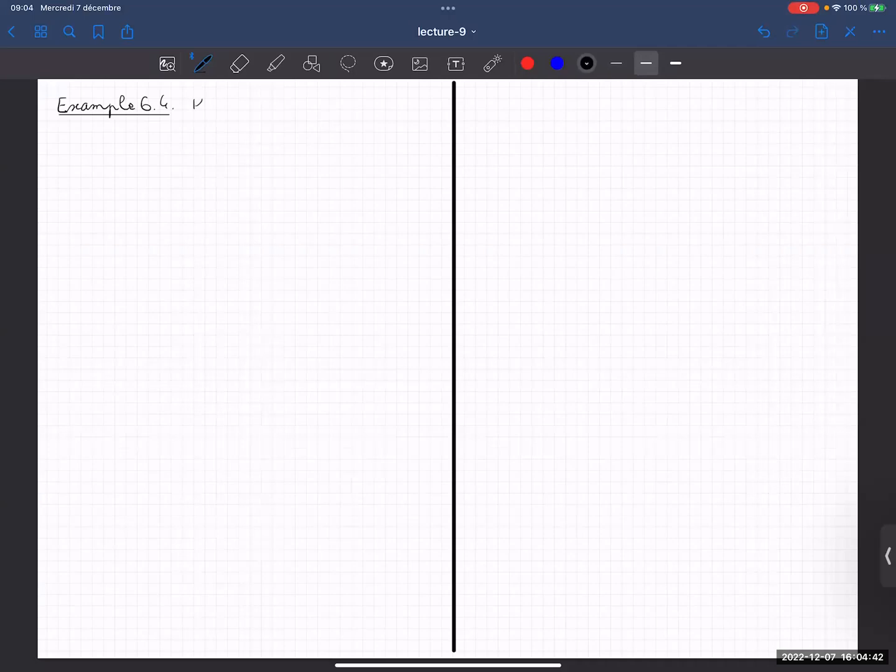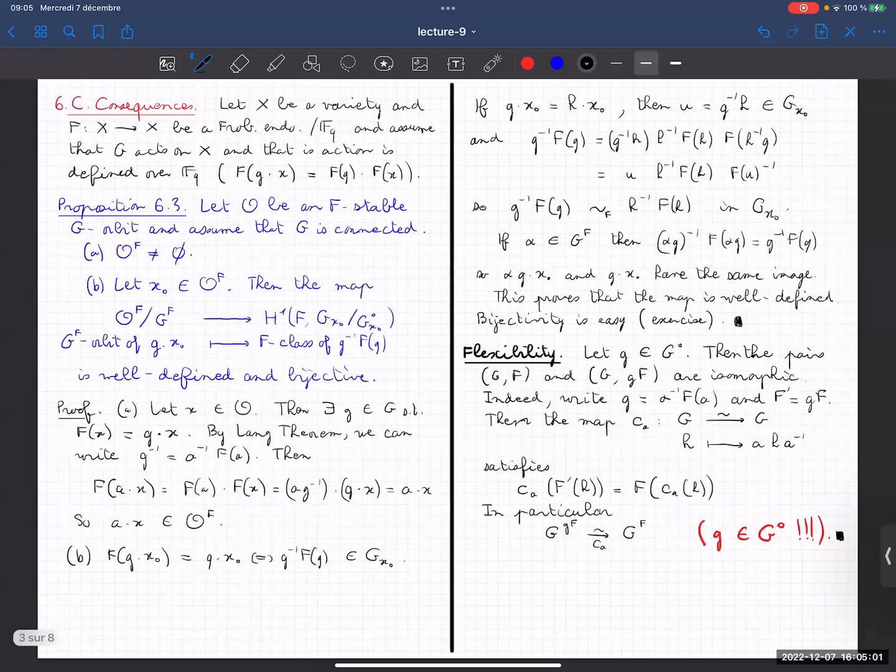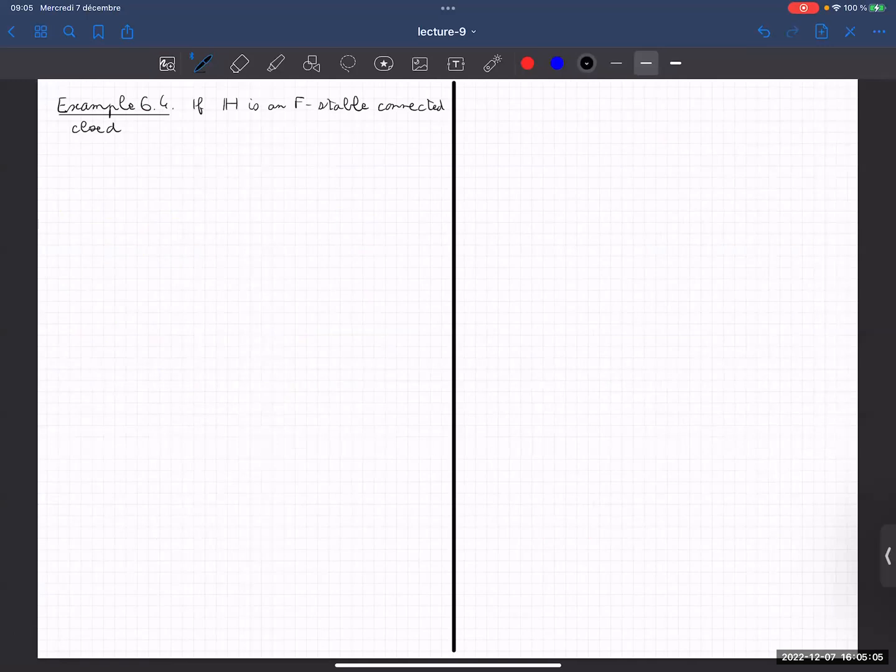So if H is an F-stable connected closed subgroup of G, then if you want to compute the F-stable classes modulo H, since H is connected, we are interested in the action of H by right multiplication on G.